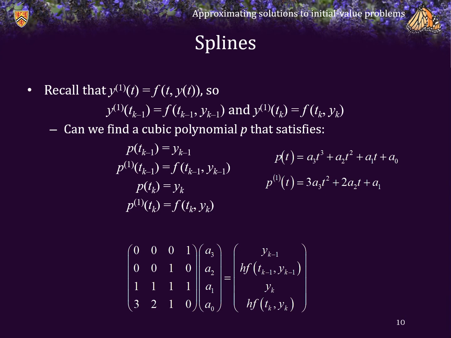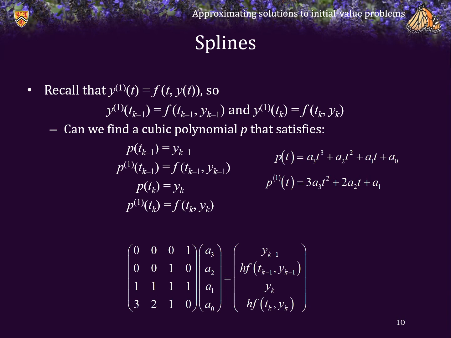Here's our matrix. It sort of looks a little bit like a Vandermonde matrix, but again, it's slightly different. Notice immediately that we already know that a_0 is y_{k-1}, and the slope at that point is h times the value of the slope. Why h times?